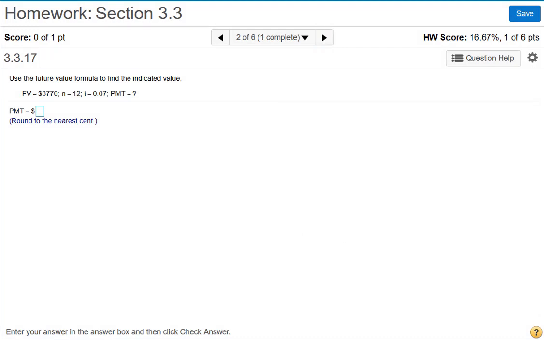So in the second one, we're told that the future value is 37.70, so we'll start with the 37.70. And then the payment is what we're looking for. So we'll just use PMT in that spot and then finish out the formula.